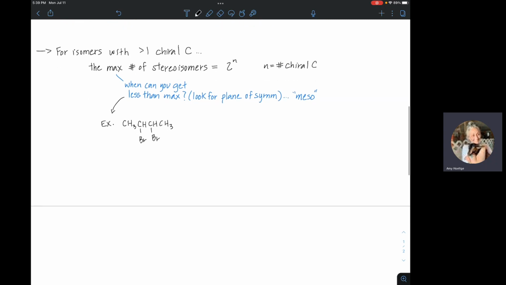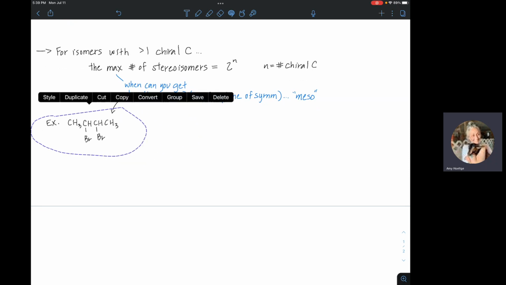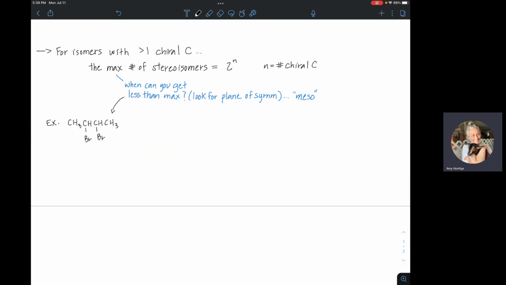But go ahead and draw your, let me move this over to give us some space here. Go ahead and draw your Fischer projections. So what we're going to do is we're going to give the lowest numbered carbon to the top position, but this thing looks pretty symmetrical, right?